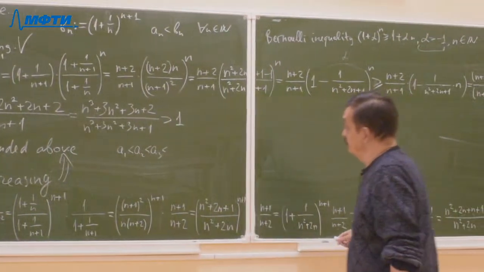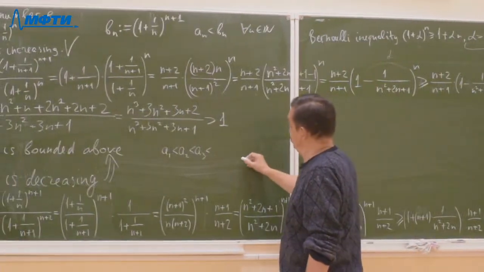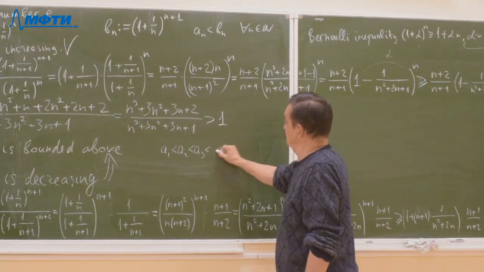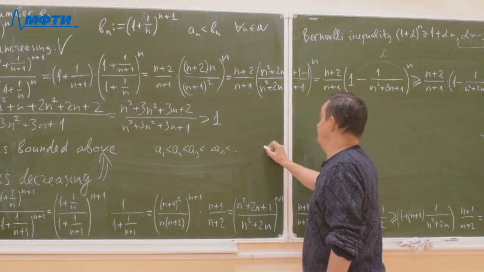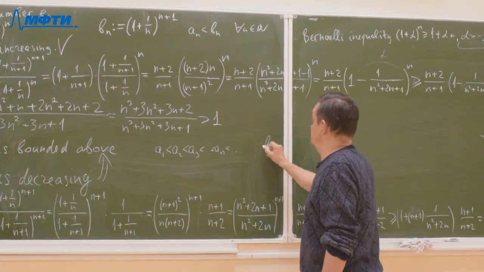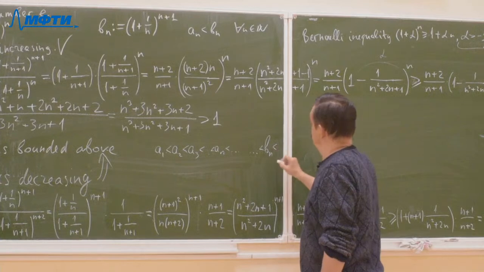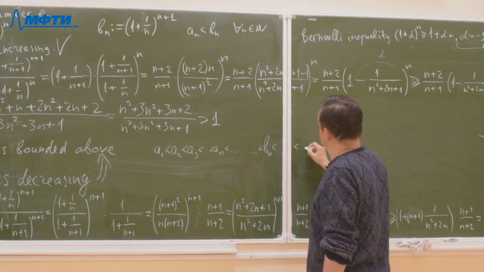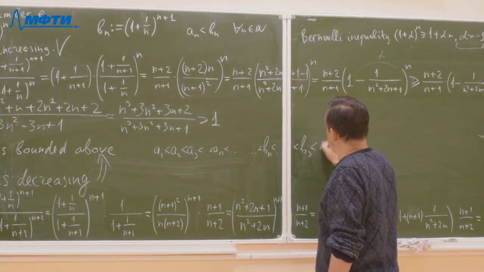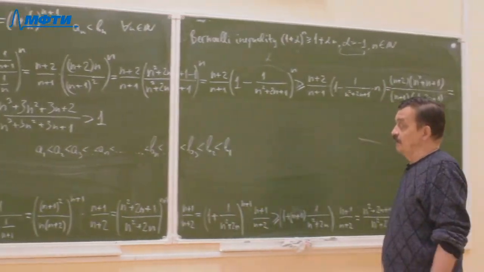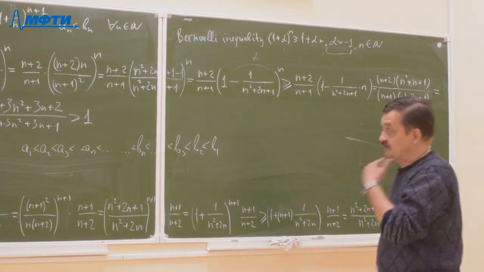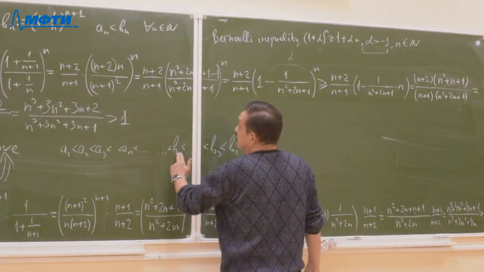And from the other side, we have the chain of inequalities in another direction. Right? So you see, An is always less than Bn.